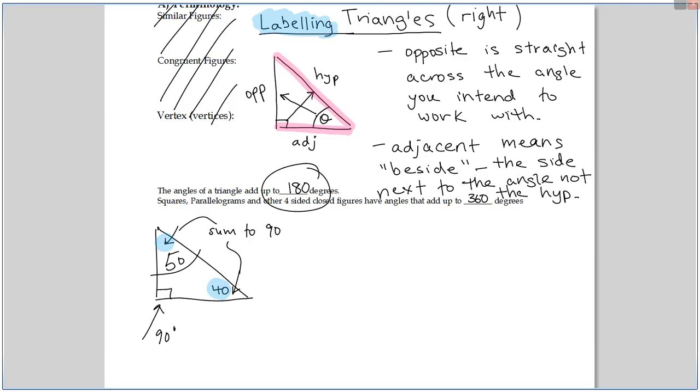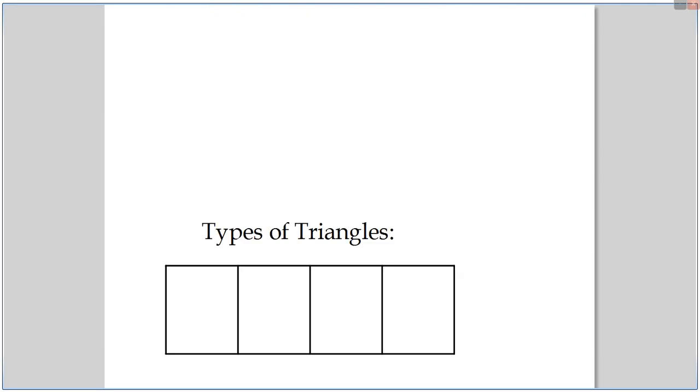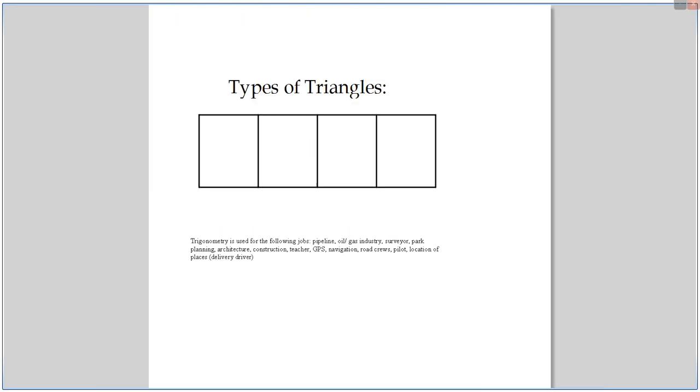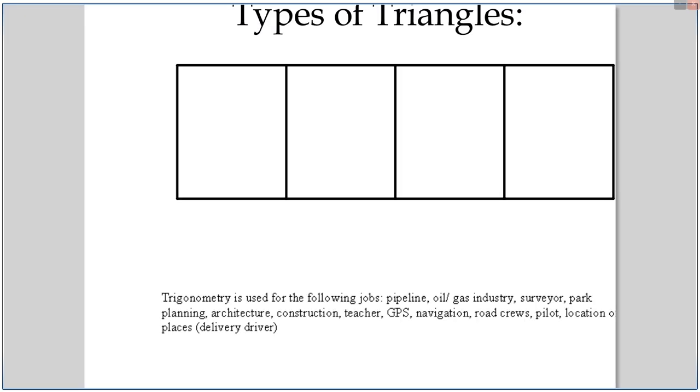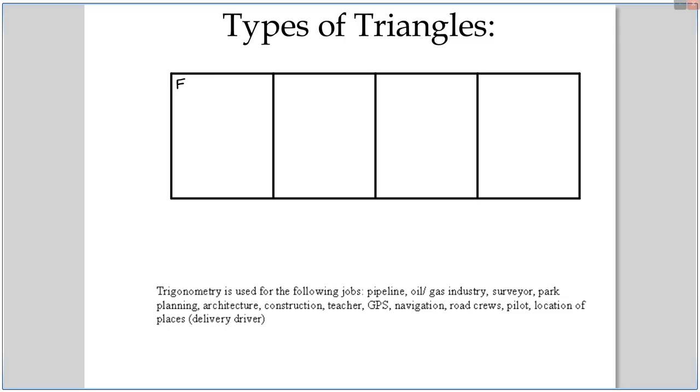Okay, next. Types of triangles. Okay. What types of triangles are there? Let's start with the one that has all the sides the same. What's that one called? Equilateral.